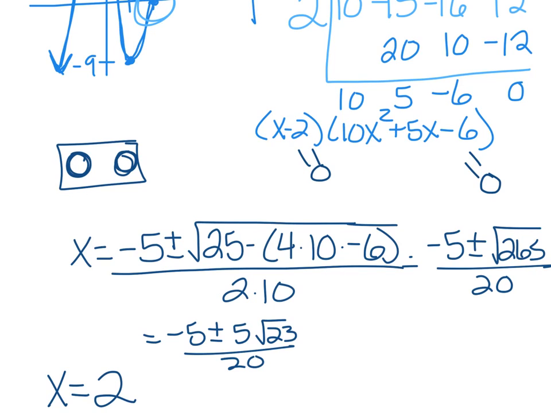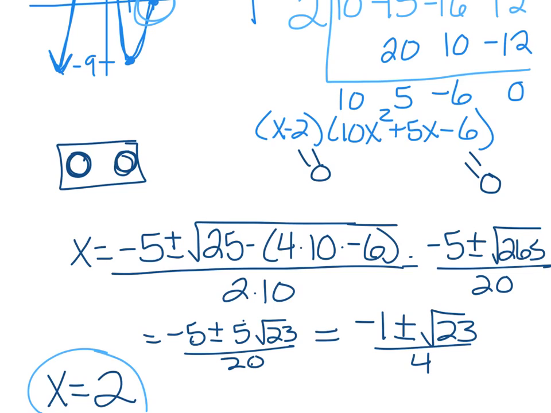And 5 and 5 and 20 will simplify, so we get negative 1 plus or minus the square root of 23 all over 4. So we have our zeros now. We have 2, and we have negative 1 plus or minus the square root of 23 over 4.